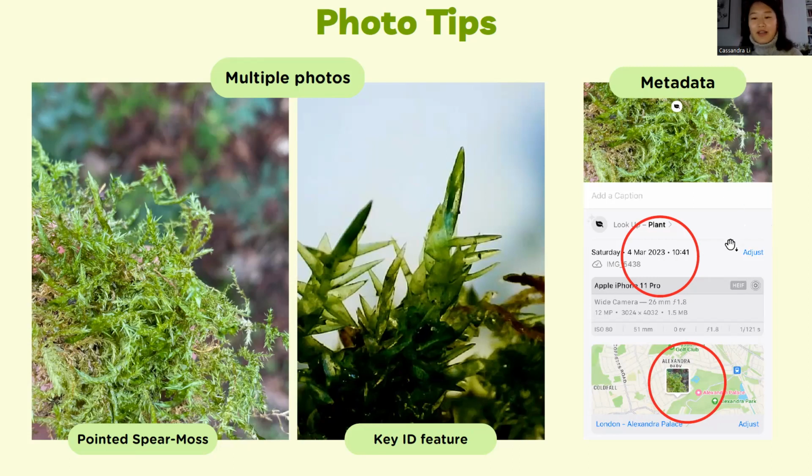If you're using a camera, there's also a way to geotag it, and there's a video on the iNaturalist website. If you're interested, I can send it later. Another thing to bear in mind, if you screenshot or transfer, you may lose this metadata and you may need to manually put it in.